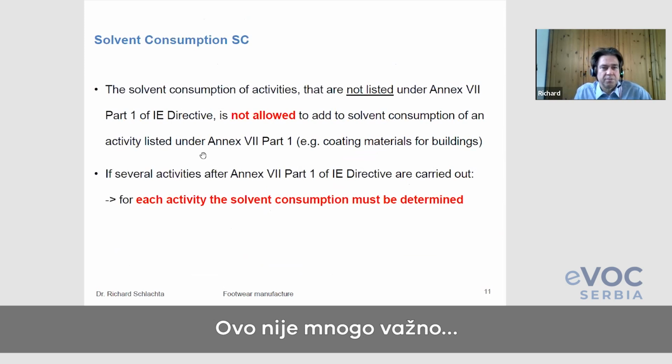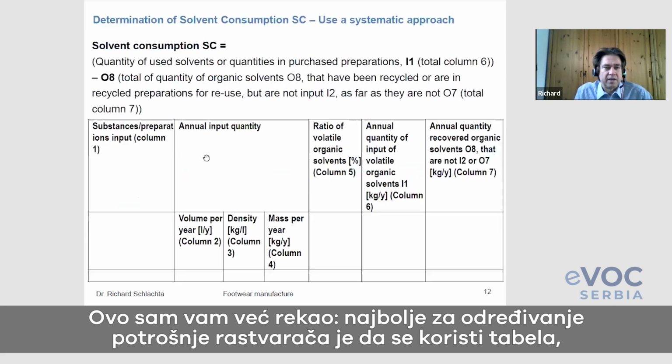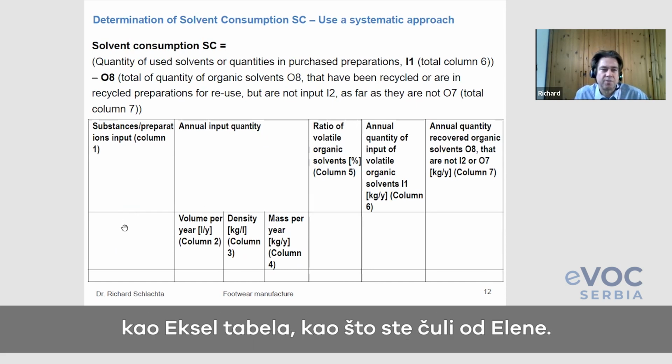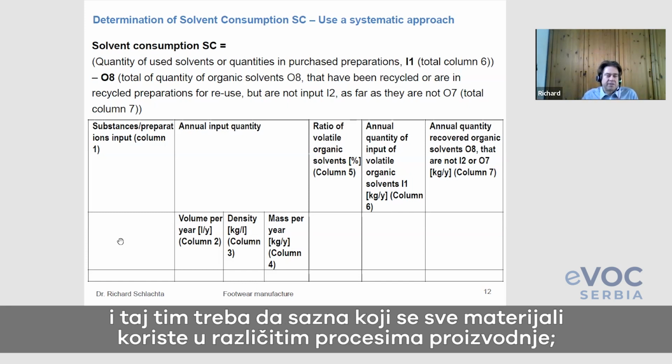The best way to determine the solvent consumption is to use a table, like an Excel sheet, as you heard from Elena, where you list everything. First you must familiarize the team that will establish this solvent mass balance.